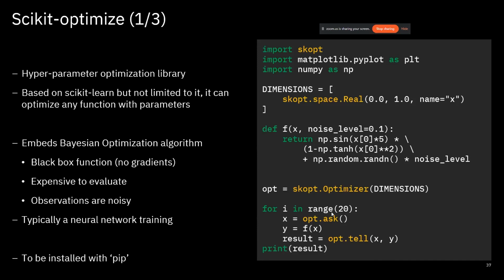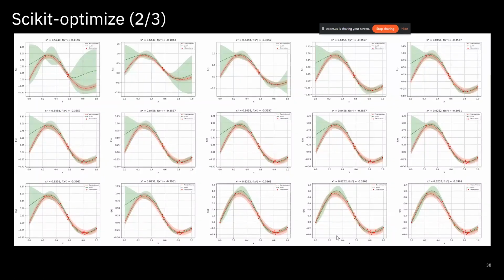Ask will query the optimizer to propose new points of your search space, which you define in dimensions, to explore. Then you do your computation. So here we compute f. And then we tell the optimizer, this is the result, and then compute the Bayesian optimization and give me new points.